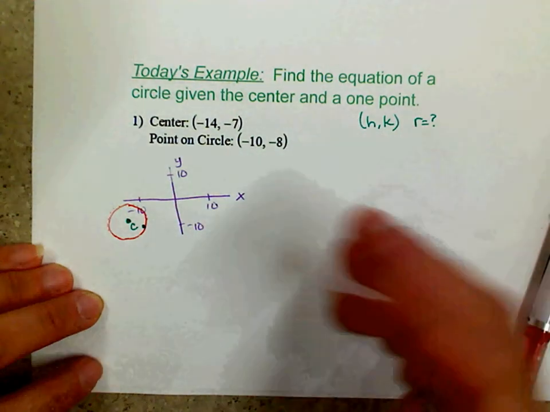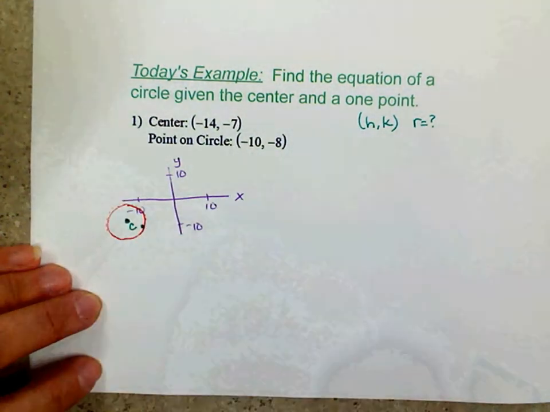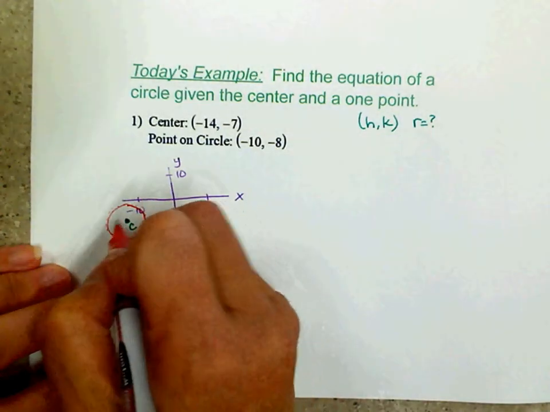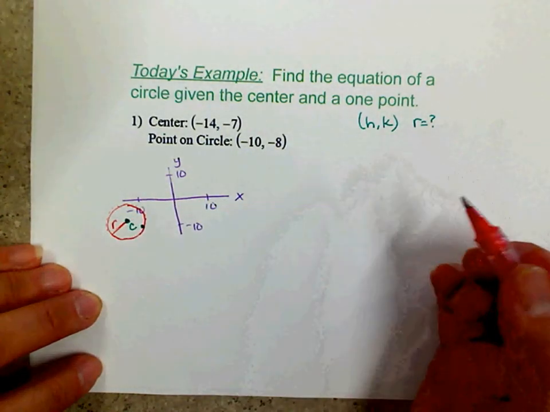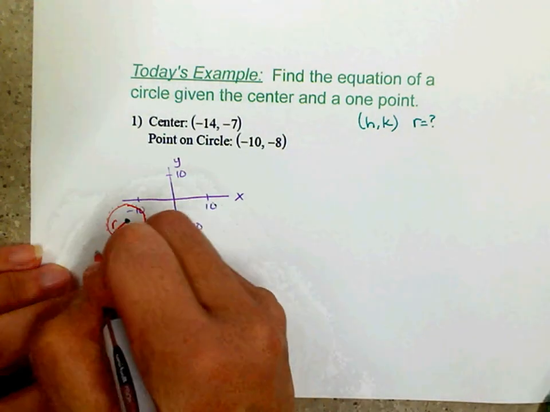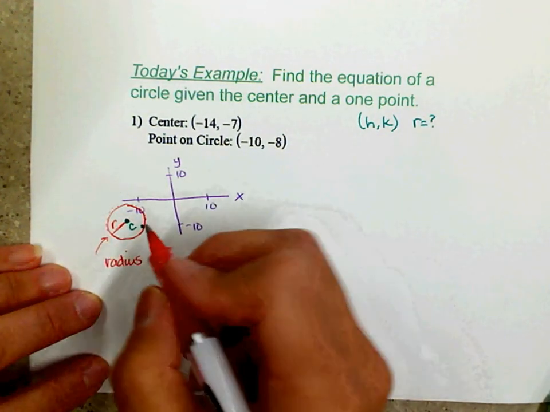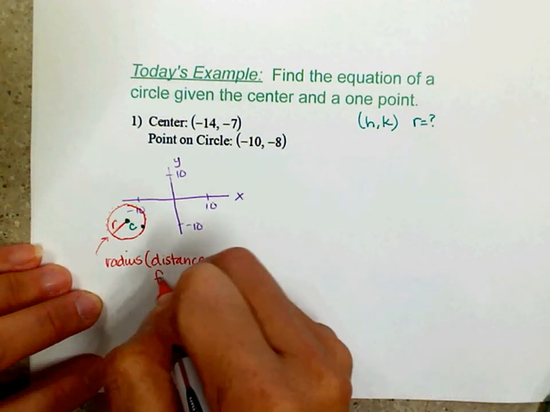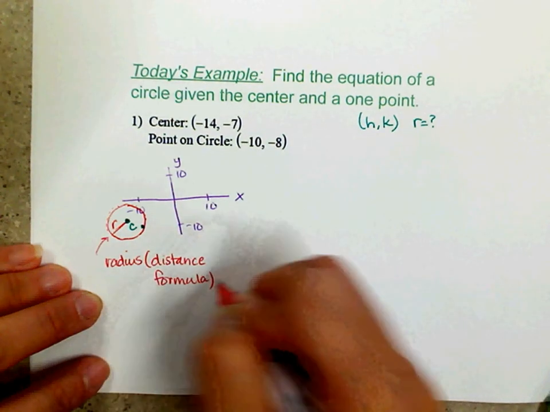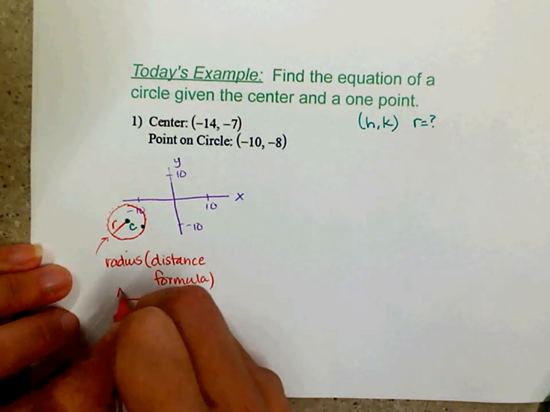You are to come up with an equation. Well, guess what? You have the center, but you are missing the radius. So what can you do to go and find the radius? To find the radius, we're going to go back to what we learned yesterday. You are going to use your distance formula, because our distance formula gives us a point from A to point B. That's what a distance formula is.